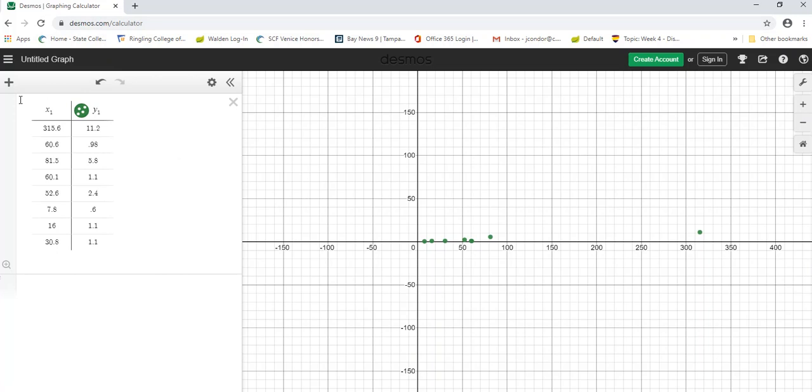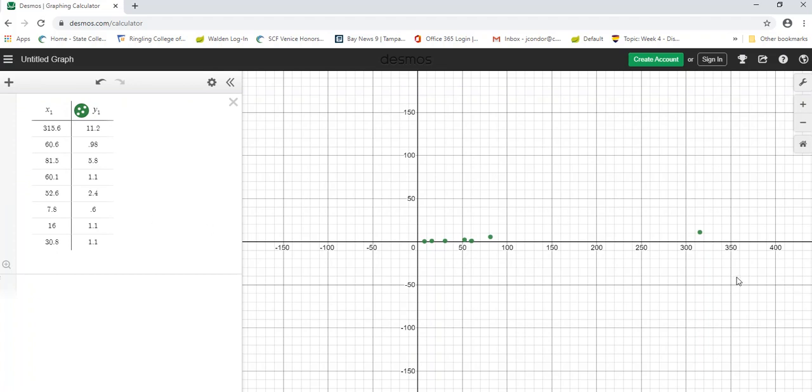Basically, you type in desmos.com, and on the left, click on the plus, and it'll say table. So that's how I got the table to show up in here.